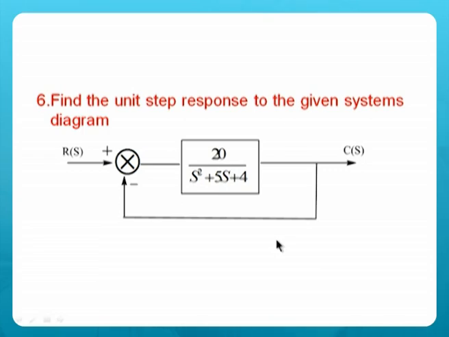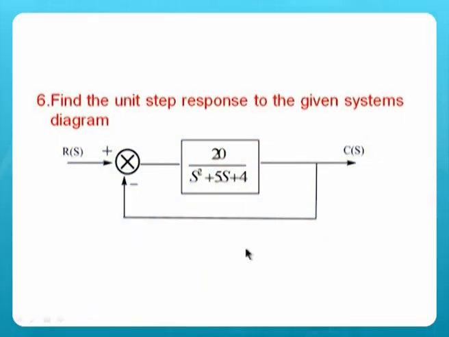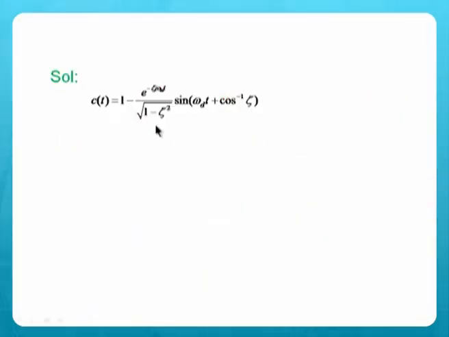This is another problem. You are asked to find out the unit step response of the system that is shown here, and C of t is the time response. So it is given by 1 minus e power minus zeta omega n t by under root 1 minus zeta square, sin omega d t plus cos inverse zeta.